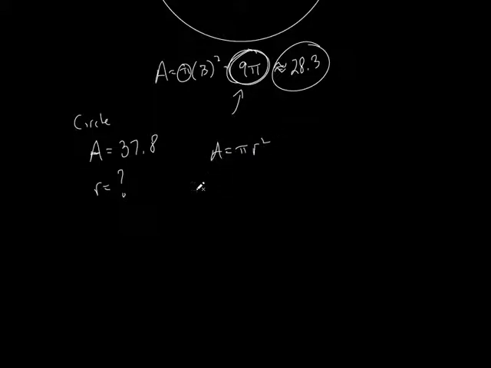Because look, let's put the number in here. 37.8 equals pi r squared. So you don't just divide it by pi. What else do you have to do? You got to get rid of that squared. So how do you get rid of the squared? Take the square root, put that in your calculator, and you're good to go. Now don't leave your answer like that, though. That's too ugly.